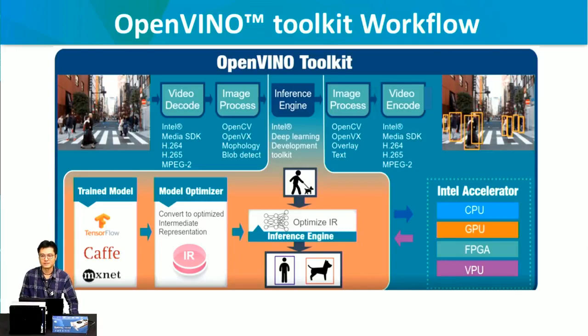And the final step is the video encoding. Again, we use the Intel Media SDK to do the video encode, then pass the video stream to the other source. From the right bottom side, it indicates the Intel accelerator, which means you can switch between different architectures from CPU, integrated GPU, FPGA, and VPU.